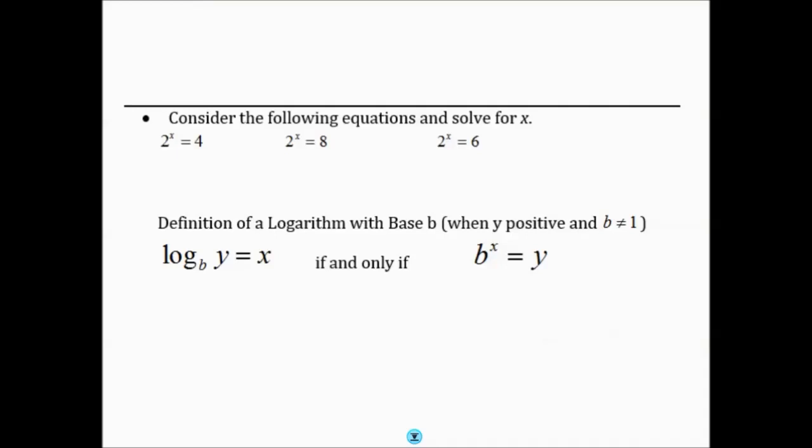So, consider the following equations and solve for x. 2 to the x power equals 4. You should know that 2 squared gives you 4. So, x equals 2.